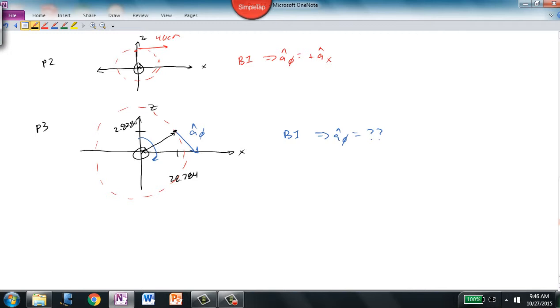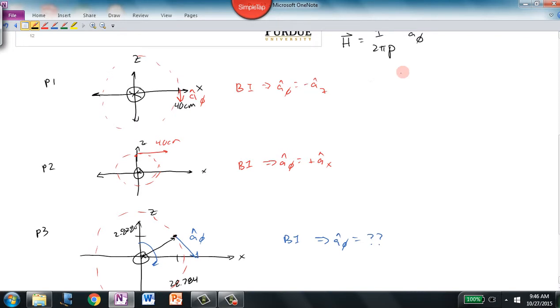We'll do an application up here. If I were to do the cross product, you remember A hat phi is equal to minus A hat z in this case. So by inspection, we see that the current element is pointing in the plus y axis.